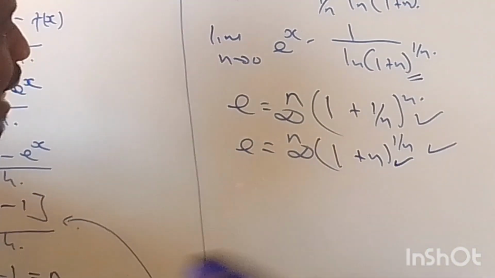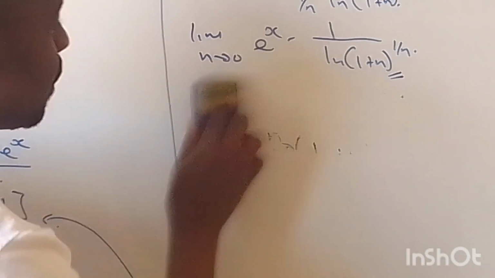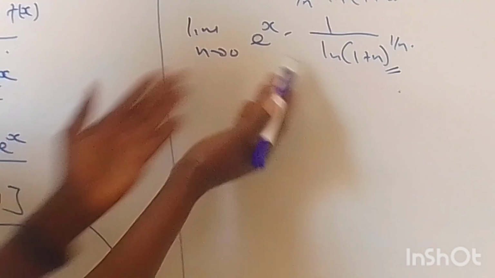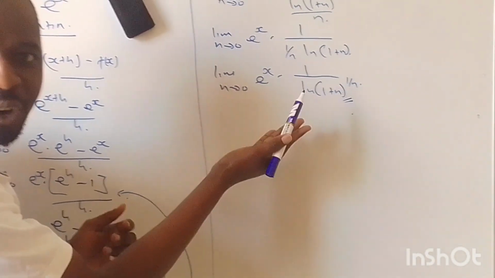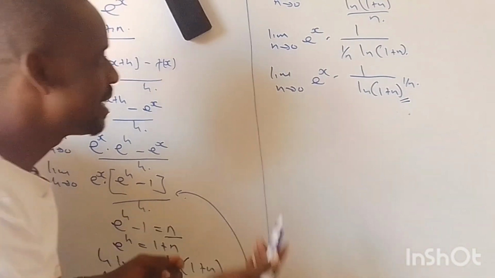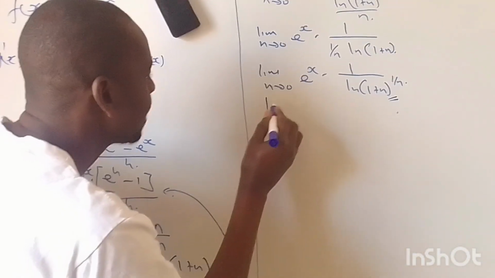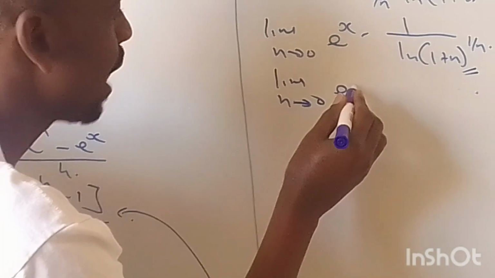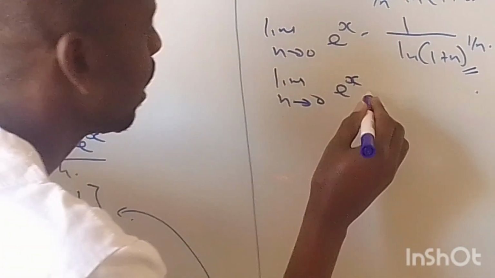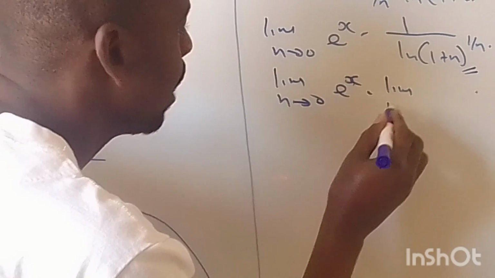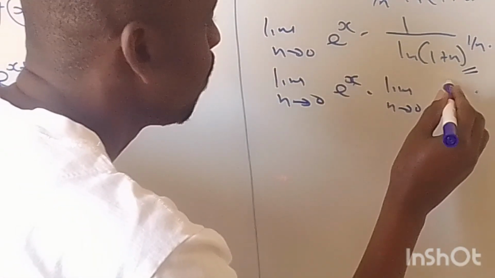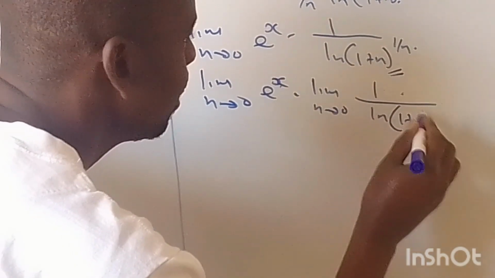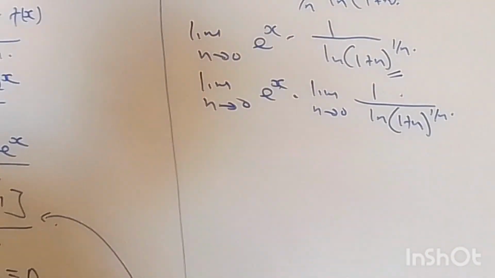So can we now take the limit of both sides? We know that the product of the limits is the limit of the product. So as the limit n tends to 0, we have e^x as the limit n tends to 0, then we have 1 over the natural log of (1 + n) raised to 1 over n.